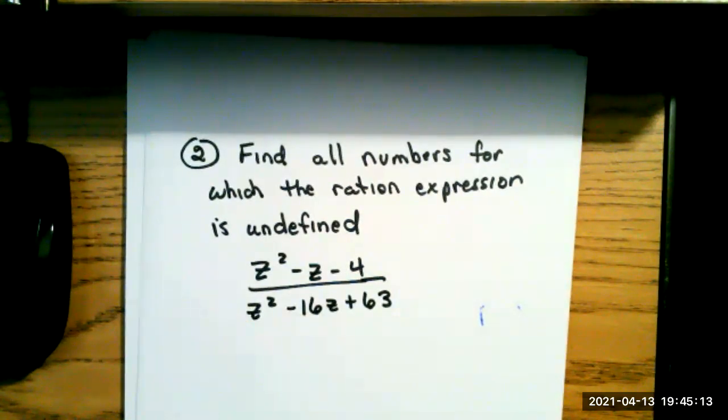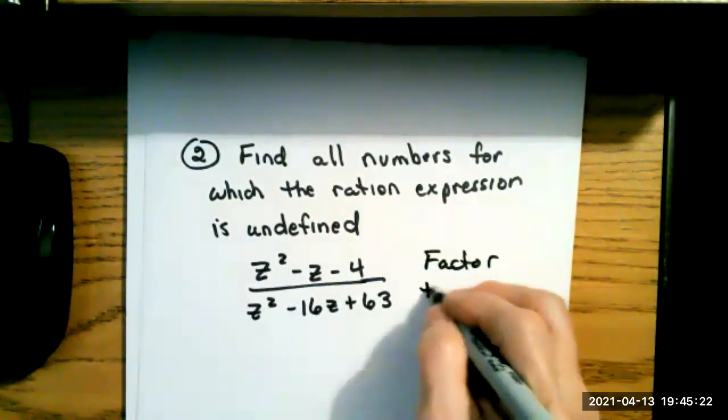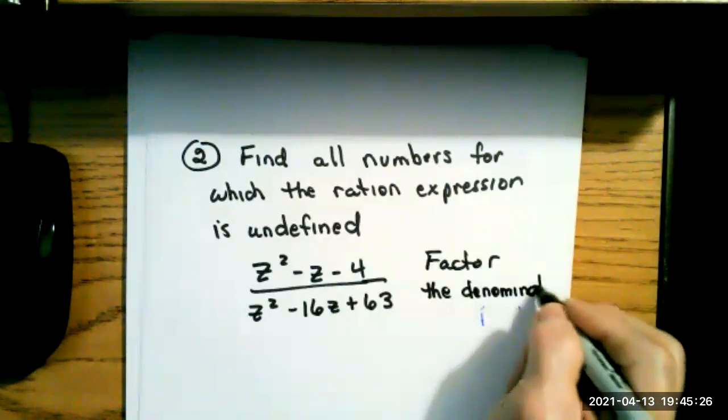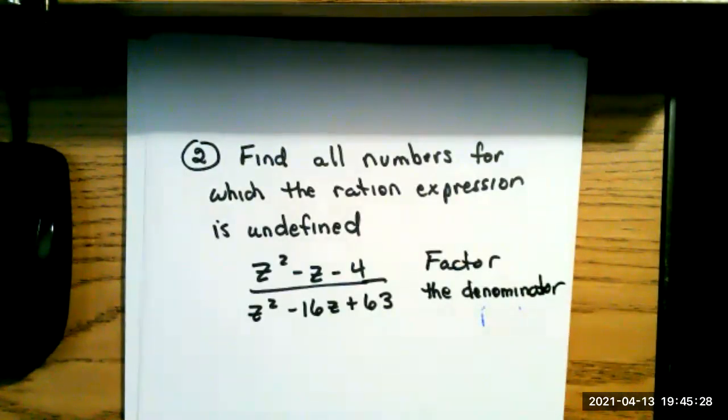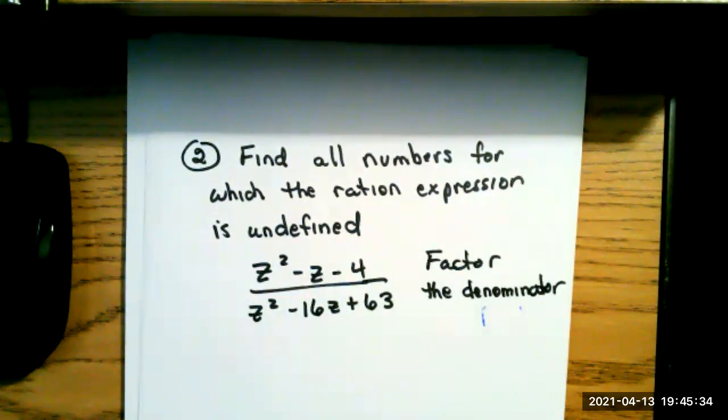So just mess with the bottom. Don't worry about the top, just the denominator. So factor the denominator. Do you understand what I said? So it doesn't matter if there's a common factor in this and this or not, because the whole is still undefined.